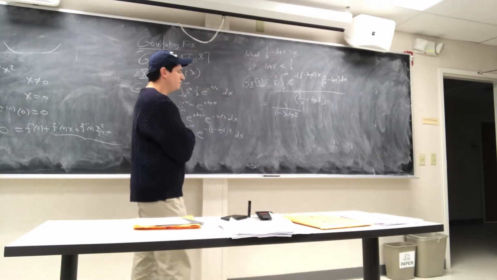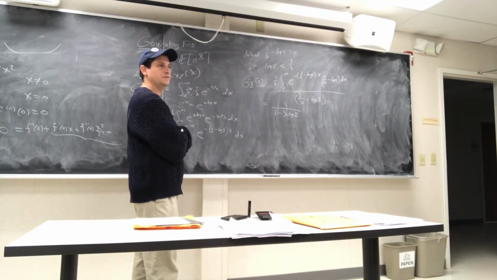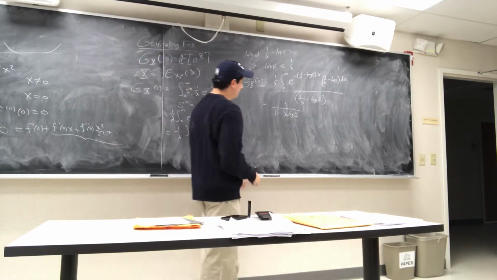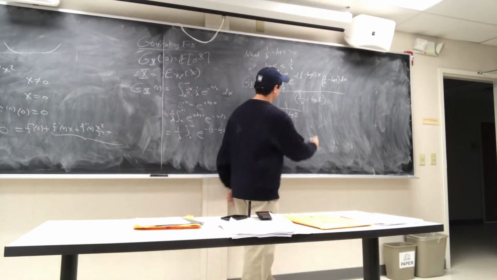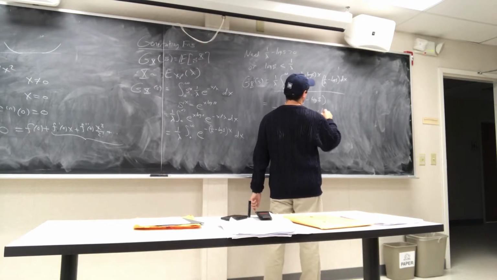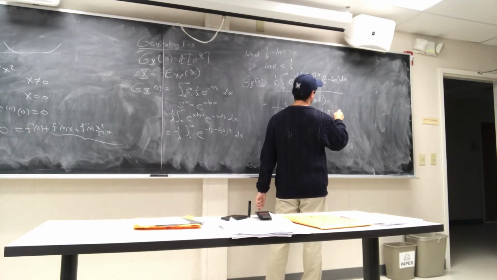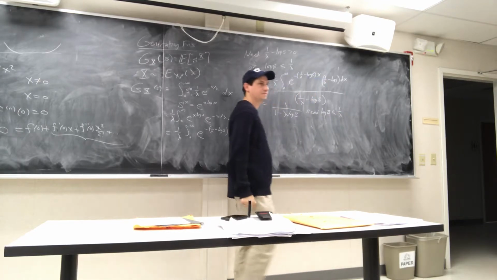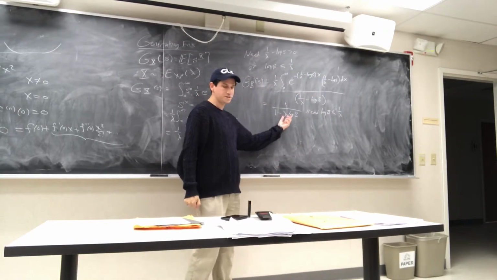And that will be the generating function of the exponential. Always? Mm-hmm. And notice that we need log of s to be less than 1 over lambda. Otherwise, this makes no sense.